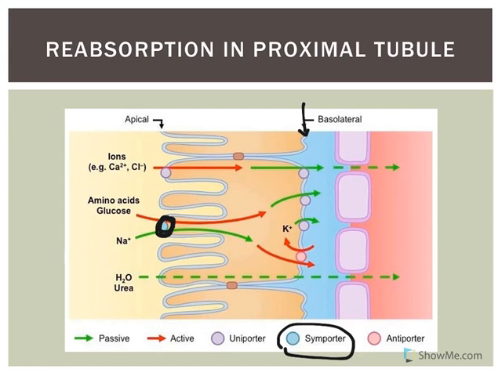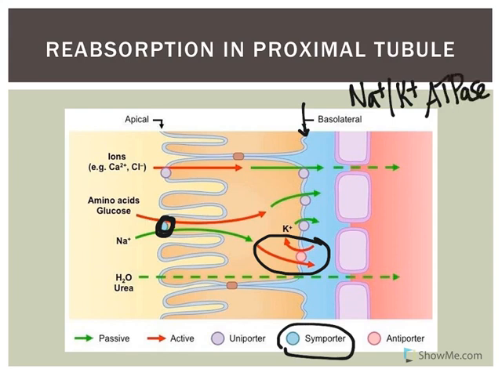But a big thing to notice right here is that in the basolateral membrane you have a lot of the sodium-potassium pump, the sodium-potassium ATPase. Remember, that is a primary active transporter, and what it's doing is creating a favorable gradient for sodium to want to enter the cell.